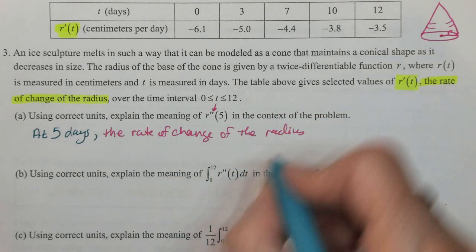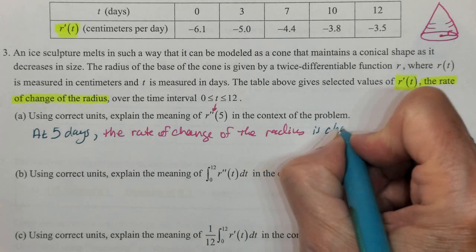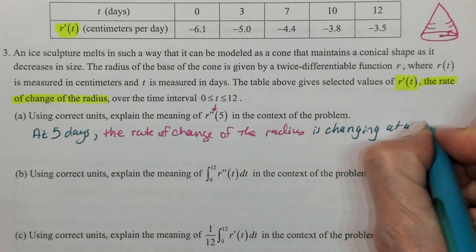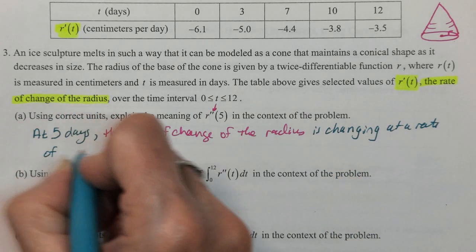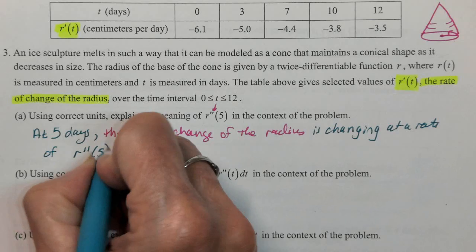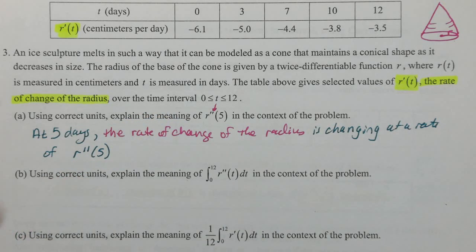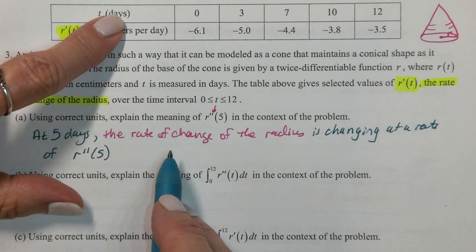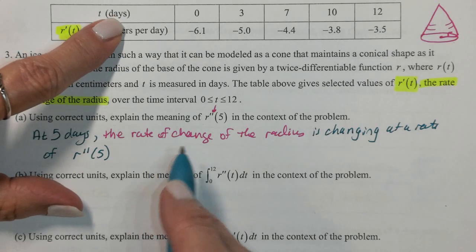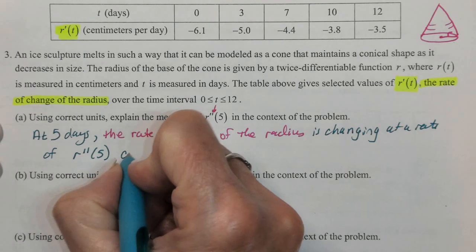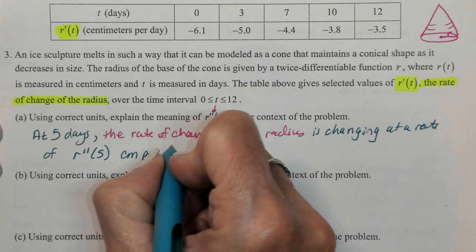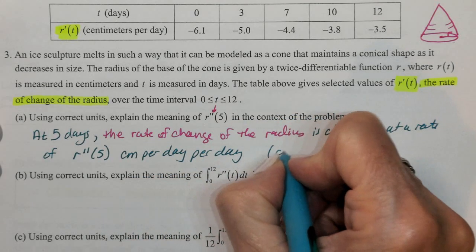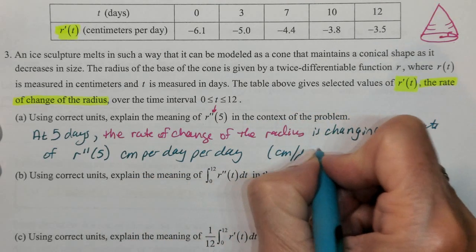So the rate of change of the radius is changing at a rate of r double prime of 5, units of r prime over units of t. So centimeters per day per day, or you could say centimeters per day squared.